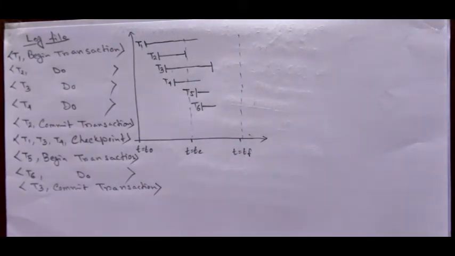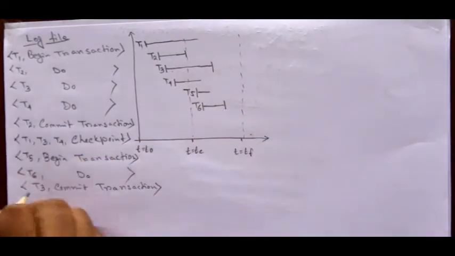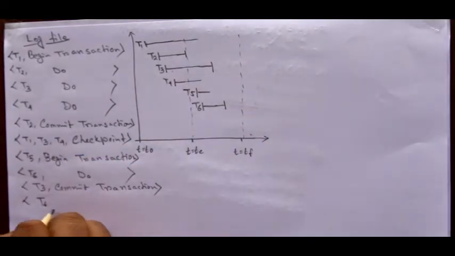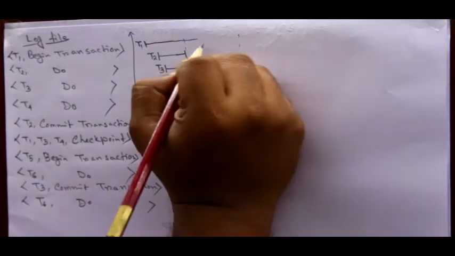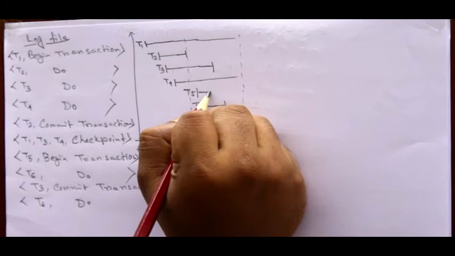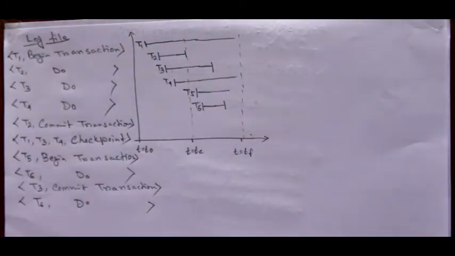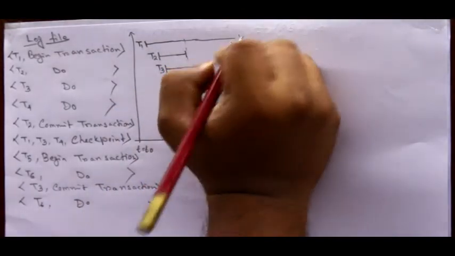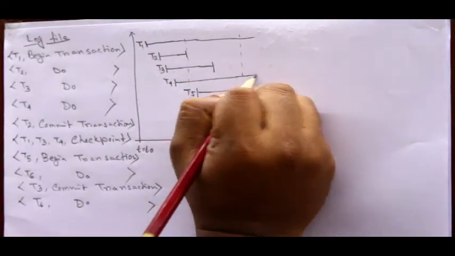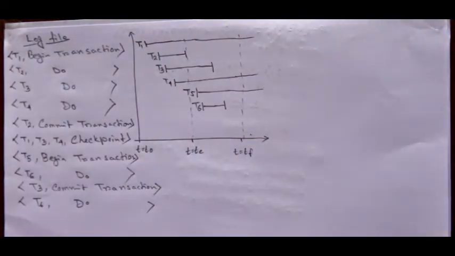After that transaction T6 completed, so again T6 commit transaction. But transactions T1, T4 and T5 are going on, and this is the timestamp where system failure occurs.